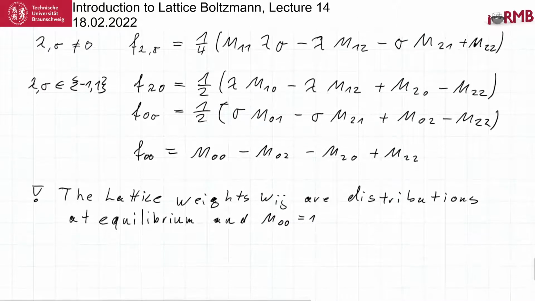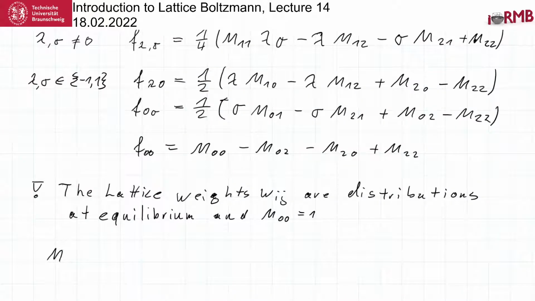So this looks like the following. So m00 times w11, if we look at the first equation, this is equal to 1 over 4, and lambda is now 1 and sigma is 1, right?